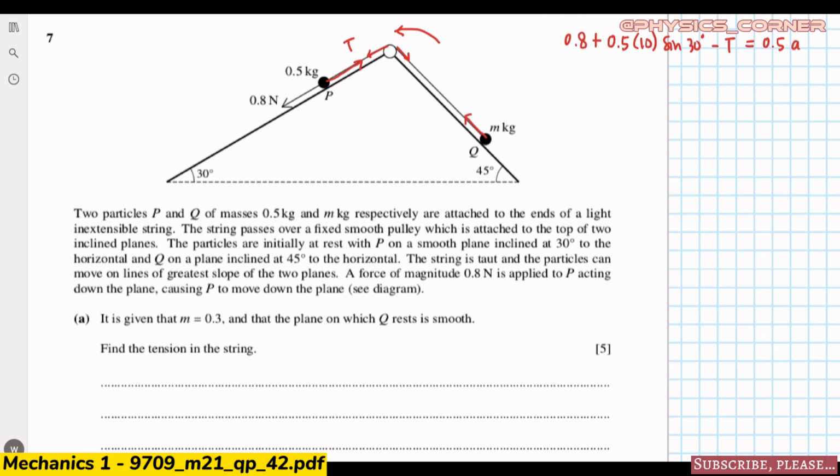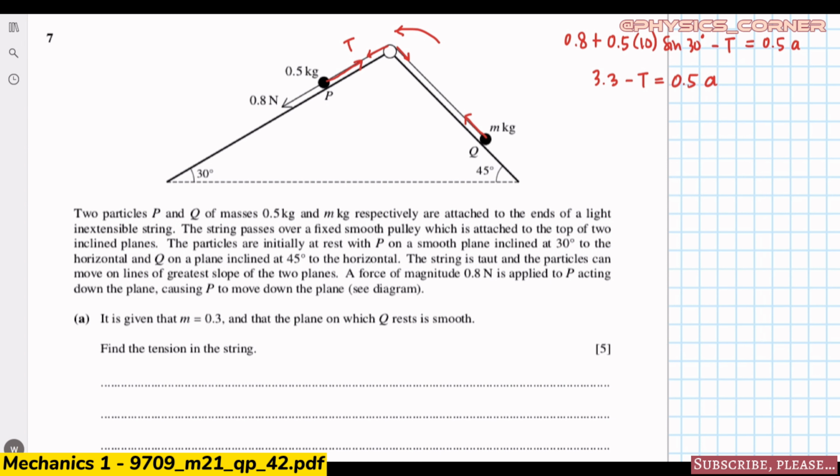So maybe this is 0.8 plus 2.5, 3.3, minus T equals to 0.5 a. This is 3.3 because 0.5 times 10 is 5, and sine 30 is a half of 5, which is 2.5. 2.5 plus 0.8 equals to 3.3.